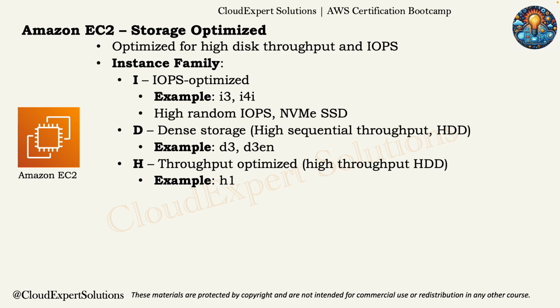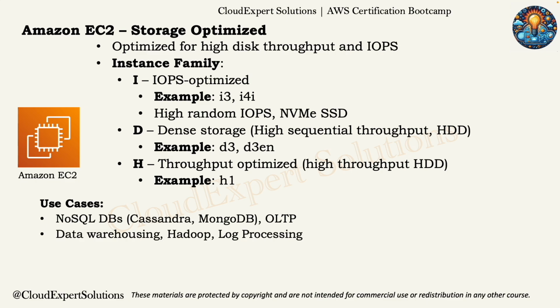In terms of use cases for storage optimized, you can use storage optimized for NoSQL databases if you want to host Cassandra, MongoDB, or any OLTP databases in your EC2 instance. If you want to host data warehouse, Hadoop, or log processing, in that case you can use D series. There you need dense storage capability. Or if you want to deploy MapReduce cluster or distributed file systems or big data workloads, then H series EC2 instance will be best for you.